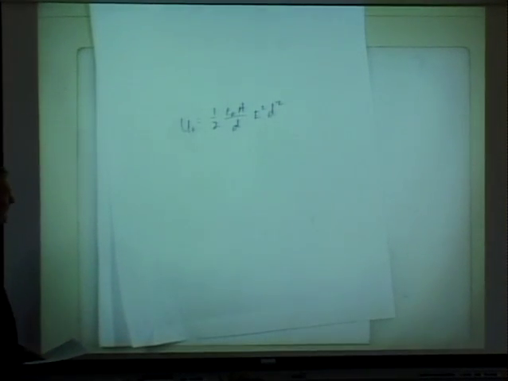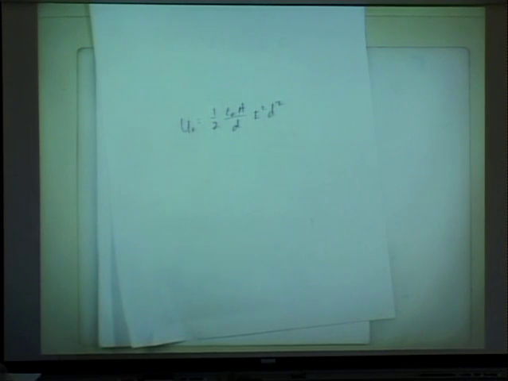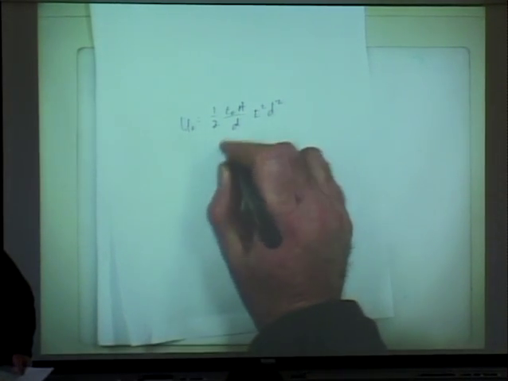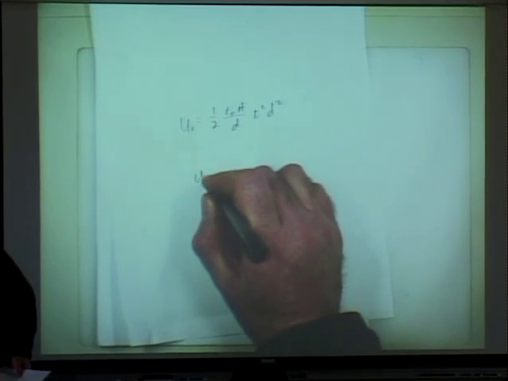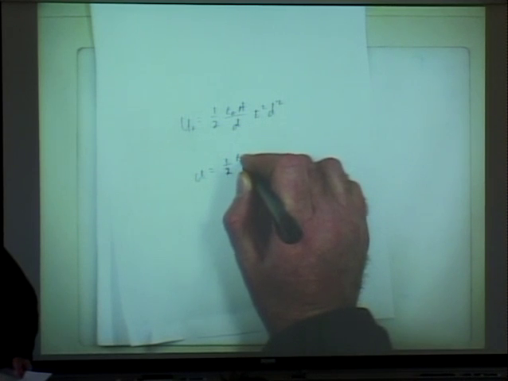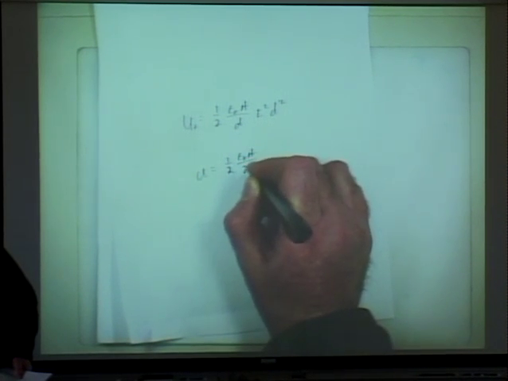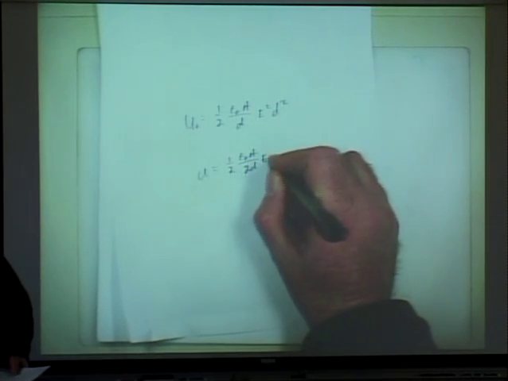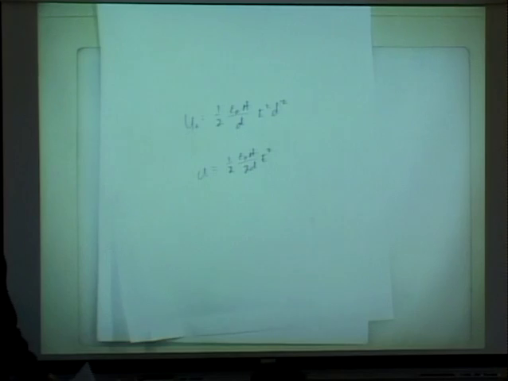Okay? There's my voltage squared. Now, if I double the space between the plates, then U is going to equal 1/2 epsilon naught A over 2D times E squared.